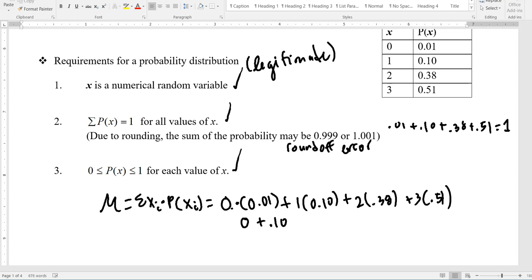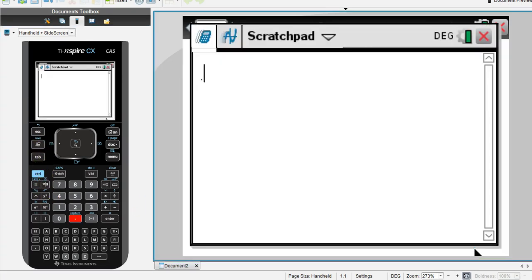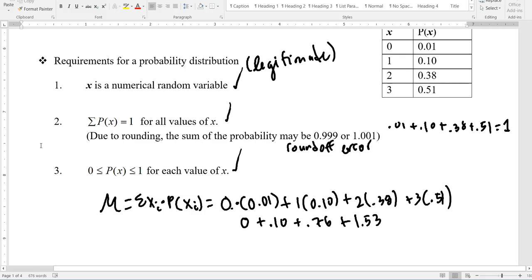This is 0.10. Next one should be 0.76. And the last one, 1.53. We can add those up. I don't want to do mental math and end up being wrong. So 0.86, 1.53, 2.39.